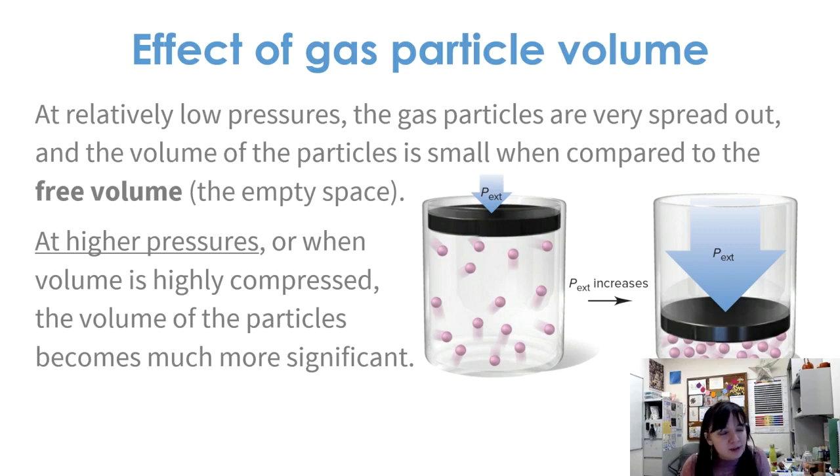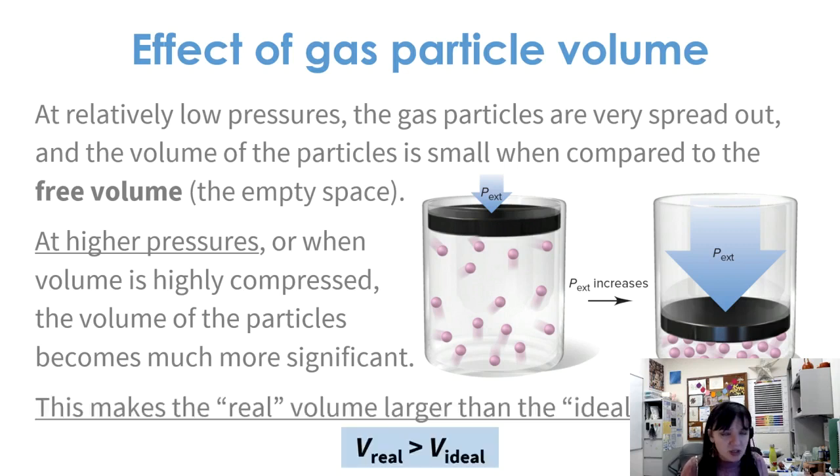So at these higher pressures, when you have much less empty space, the volume of the gas particles is going to essentially add on to the ideal volume of the gas. They become more important. And so in a real gas, we expect to see a slightly higher volume than what we would assume in an ideal gas. So that handles that first assumption made in the kinetic molecular theory.